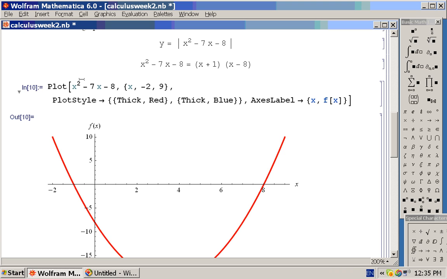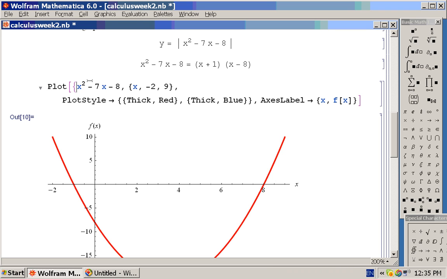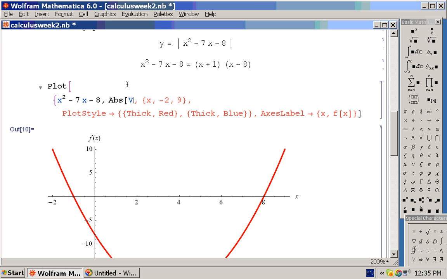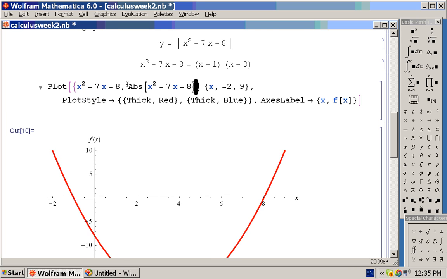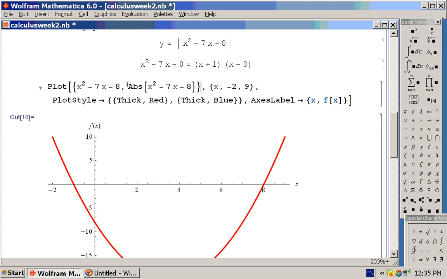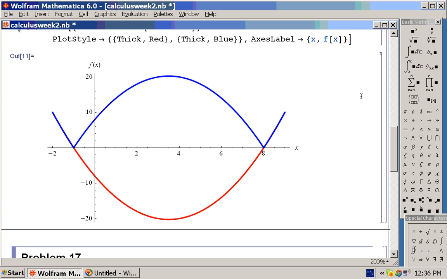So let's do that. So we'll plot, comma, abs of this function, and then so that should come out in blue, and let's draw that graph, and you can see that that's exactly what it looks like.